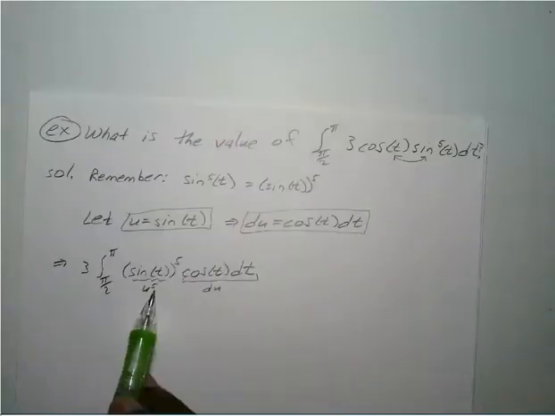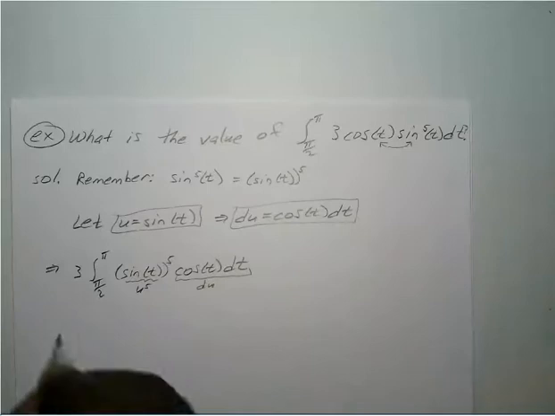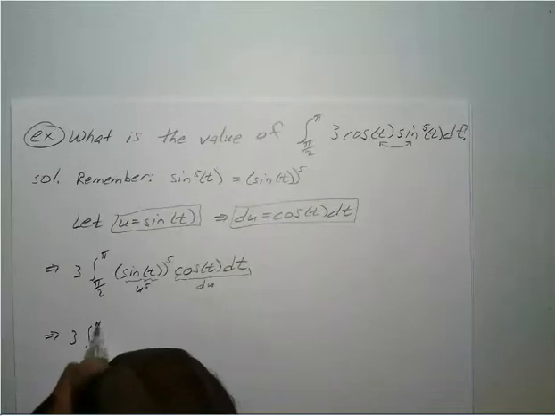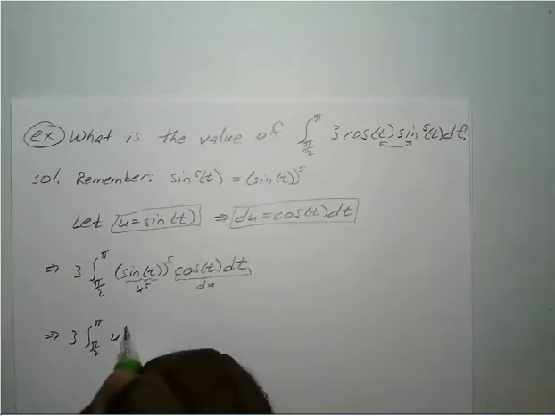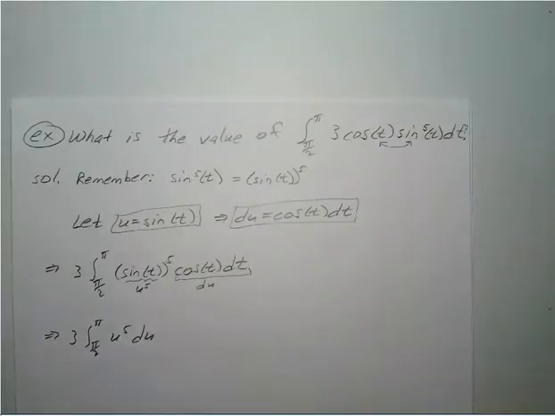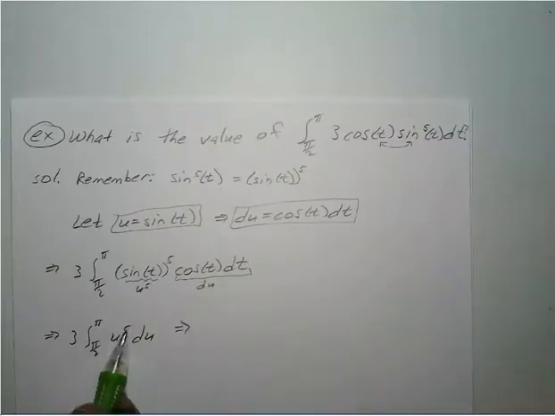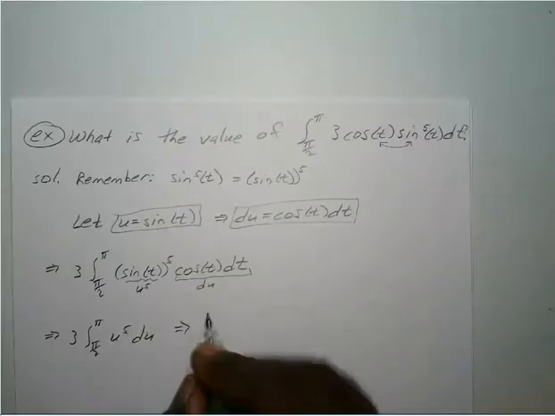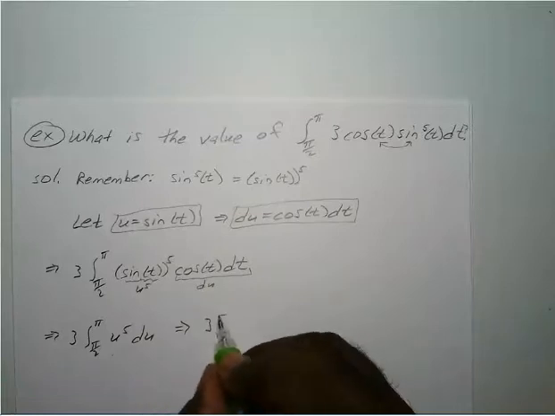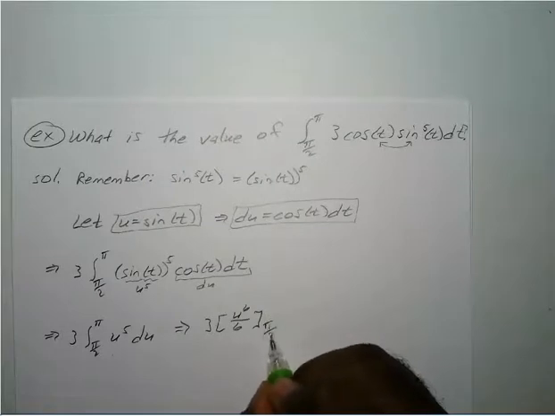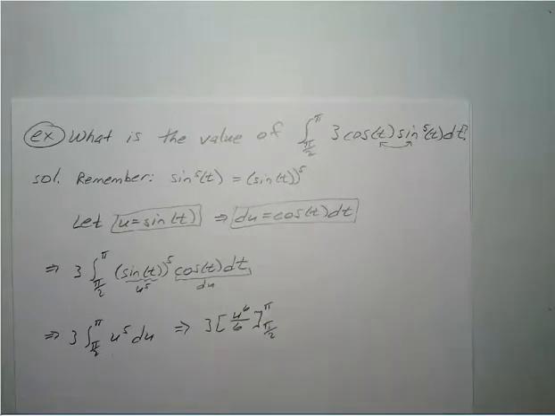So if we rewrite it just using the u terms, we have 3 times the integral from pi over 2 to pi of u to the 5th du. That's going to be u to the 5 plus 1 over 5 plus 1, so that's 3 times u to the 6th over 6, and that's from pi over 2 to pi.